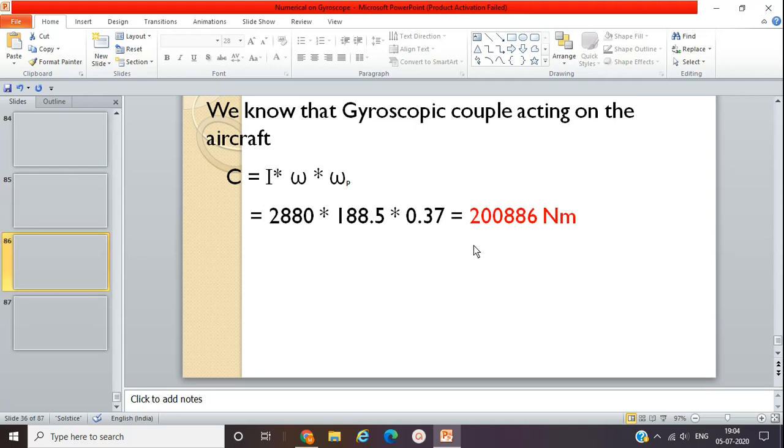So C equals 2880 into 188.5 into 0.37, and the final value of the gyroscopic couple will be about 200,886 Newton meter.